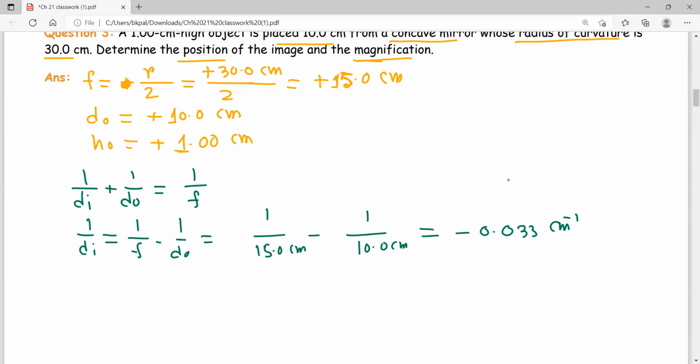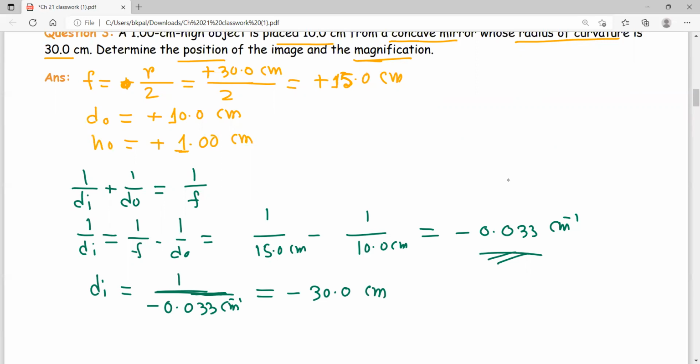Make sure you don't just keep this, you invert it, because we have to calculate DI, not 1 over DI. Many students forget to do the next step. So DI is 1 over whatever we calculated in the last line, and if you do the inverse operation, you get negative 30 centimeter.